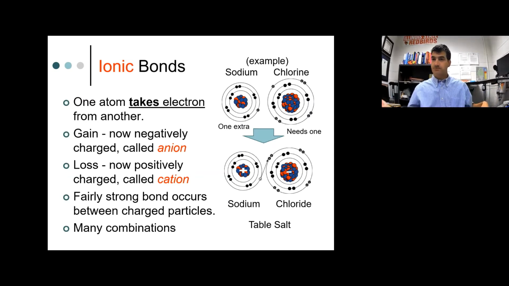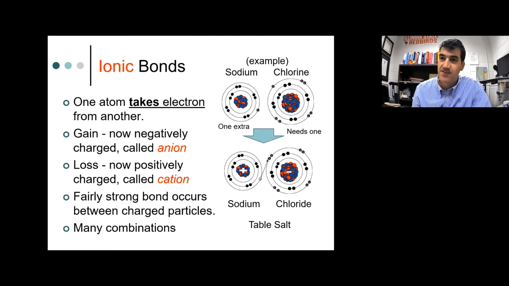And probably your prototypical example of an ionic bond is table salt, sodium chloride, where sodium has one valence electron, chlorine has 7, so it really wants one more, and sodium wants to give one up. And so sodium is pretty happy to just give one of its electrons to chlorine, and now we have NaCl, sodium chloride, otherwise known as table salt, plain old table salt.